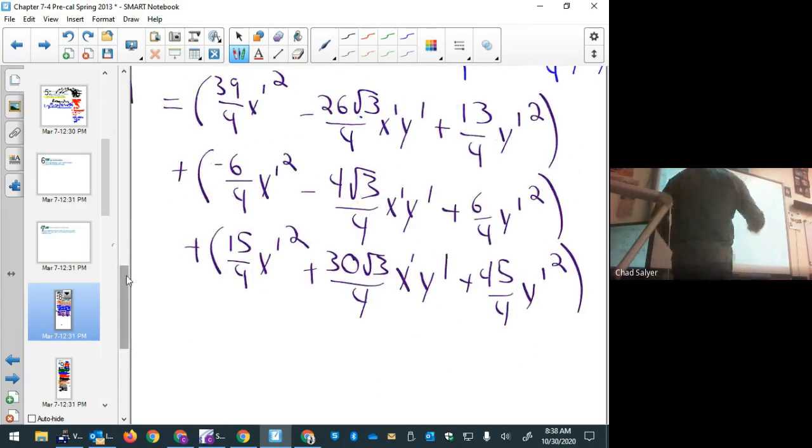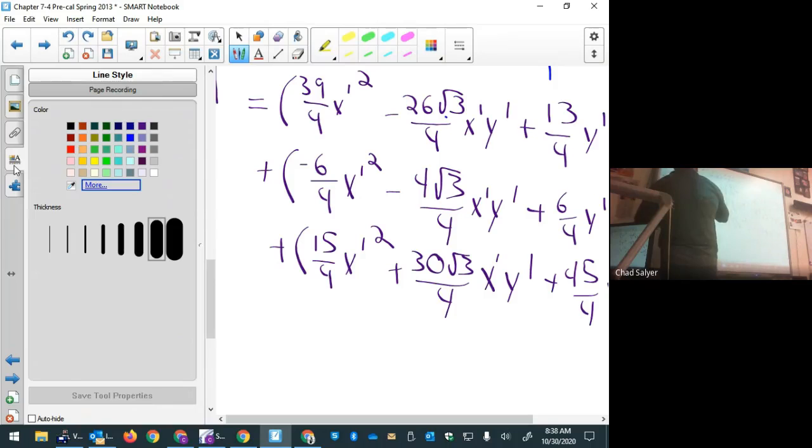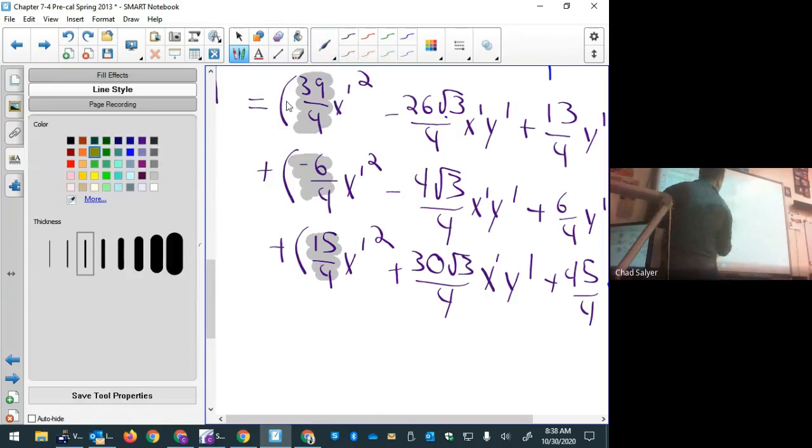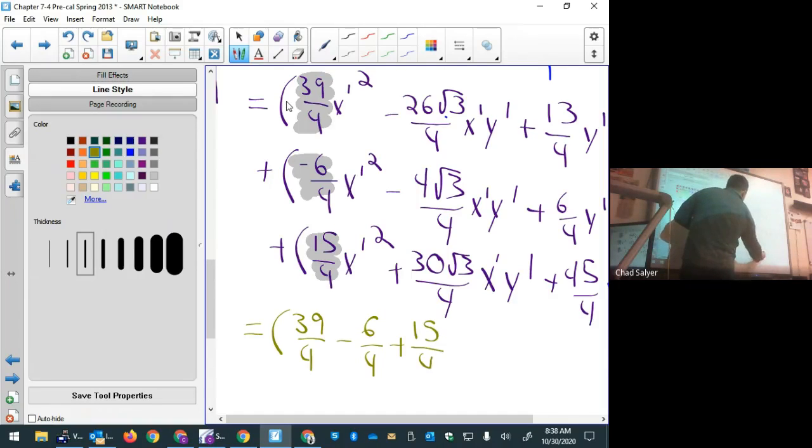So what I'm going to do now, do you see how, I'll try to use some unique highlighter colors here too, do you see how all of these are times x prime squared? So I can use that to say, like this.